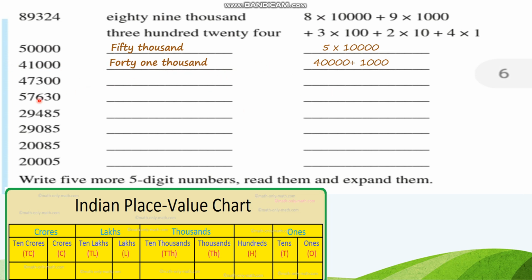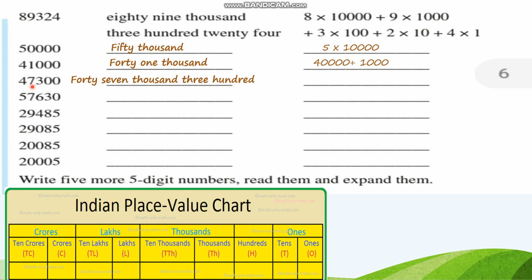Okay. Now look at the next one. Yes, this is the number 47,300. How to write? 47,300. And we can expand this as 4 in ten thousands place. So 4 becomes 40,000. 7 in thousands place.